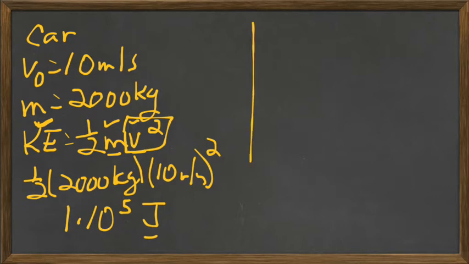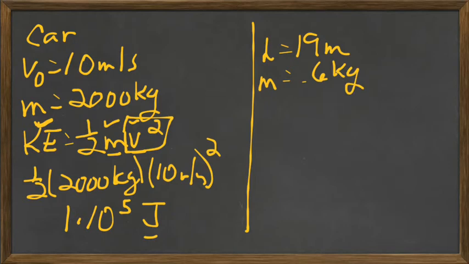Now the other form of energy that is mass dependent is gravitational potential. We might have a tree with a height of 19 meters, and a little apple up there with a mass of 0.6 kilograms, and I want to know the gravitational potential energy.